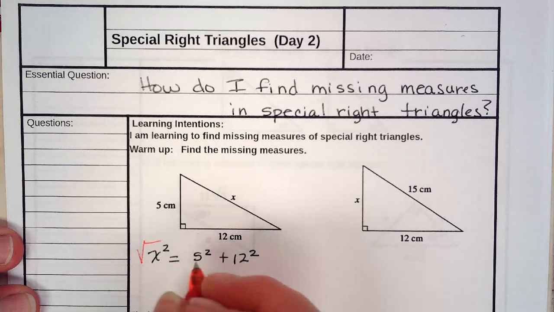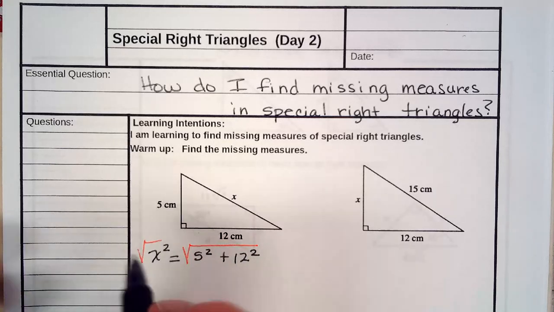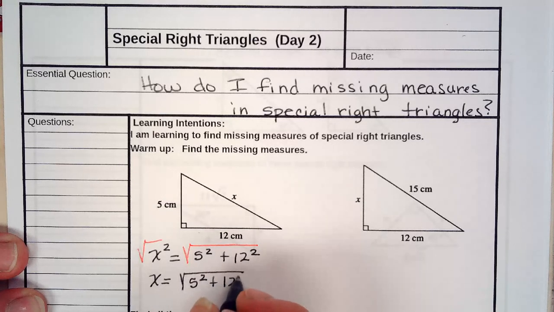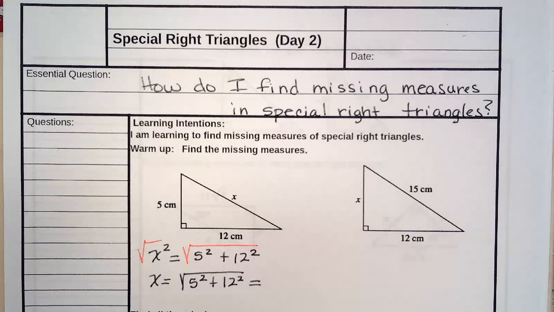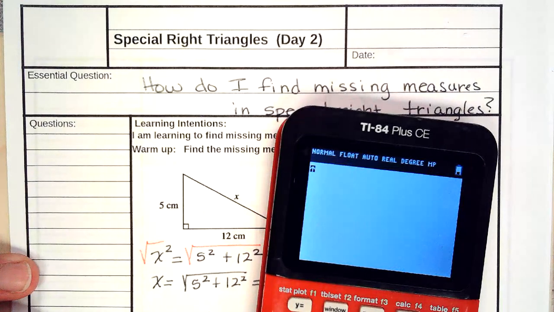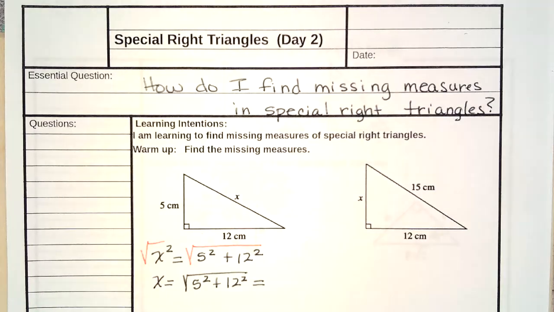Taking the square root of. So x is equal to the square root of 5 squared plus 12 squared, which is equal to 13.